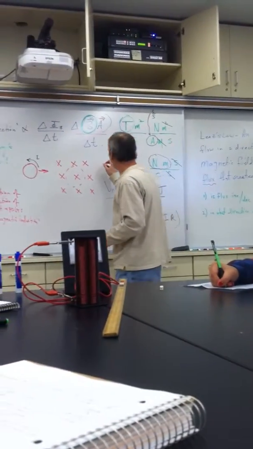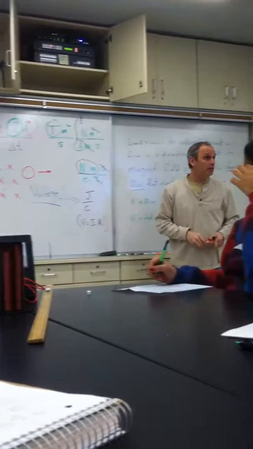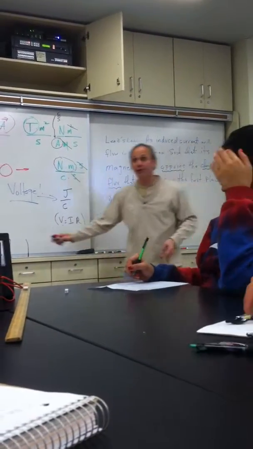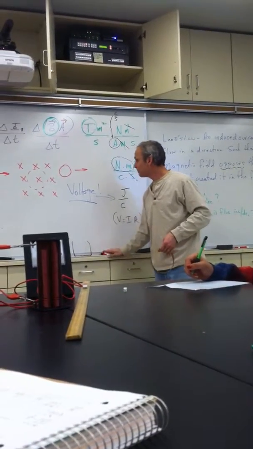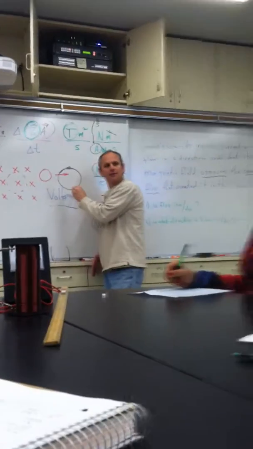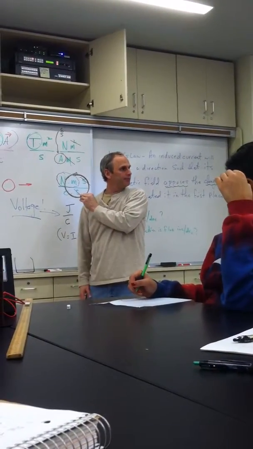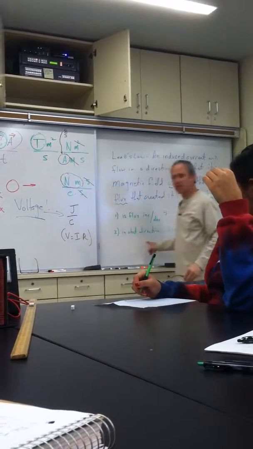Now if I keep going, if I now keep moving it so that it's coming out of the field, watch the difference. Look at this. Is flux increasing or decreasing? Flux is decreasing in what direction? Into the board. In the direction of the magnetic field.